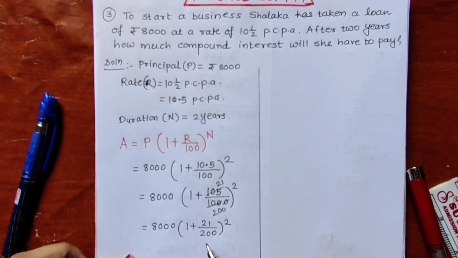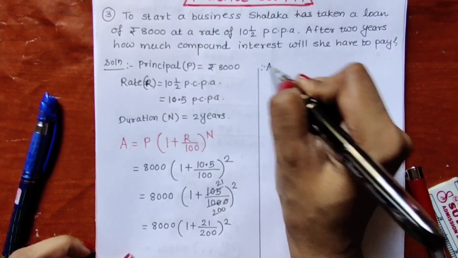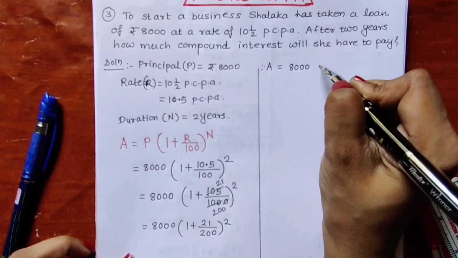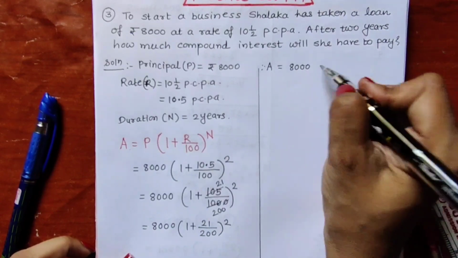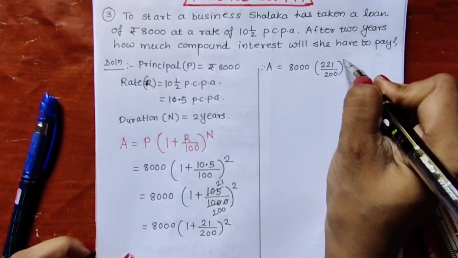Now we have to do cross multiplication here. So 21 into 1 is 21 and 200 into 1 is 200. That means 200 plus 21, it will be 221. Therefore A is equal to 8000 into 221 upon 200 raised to 2.